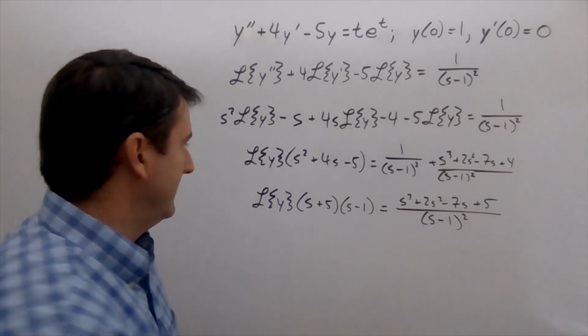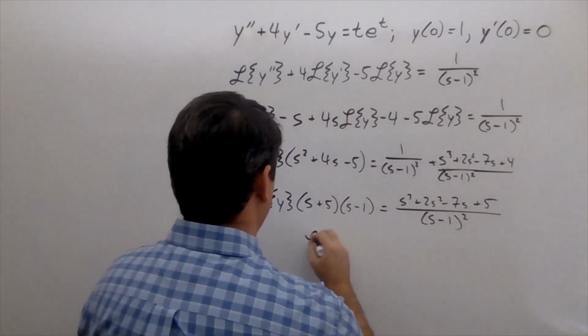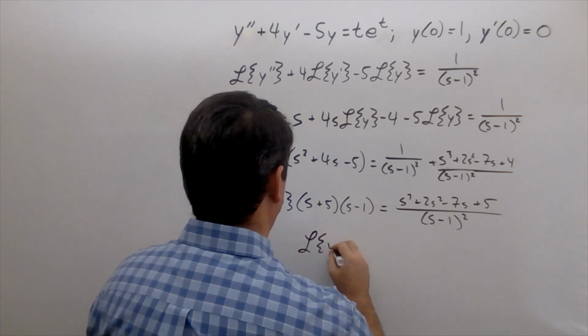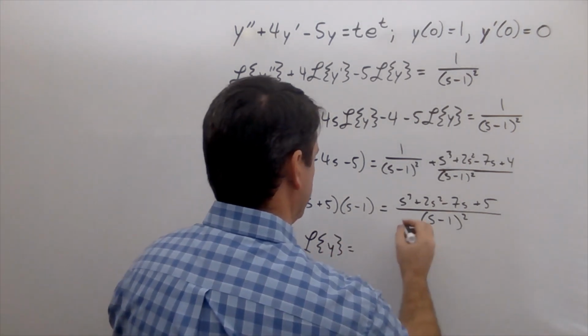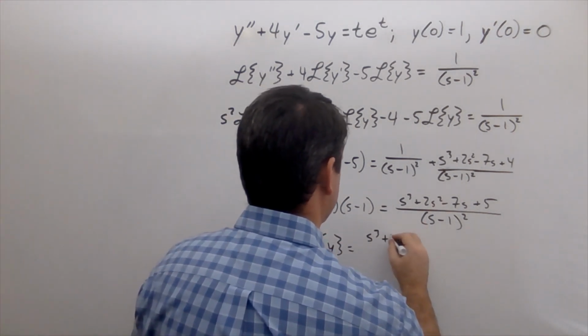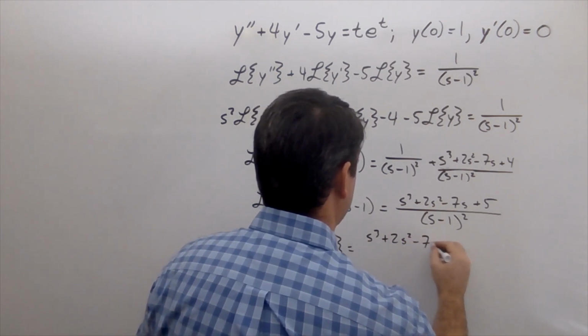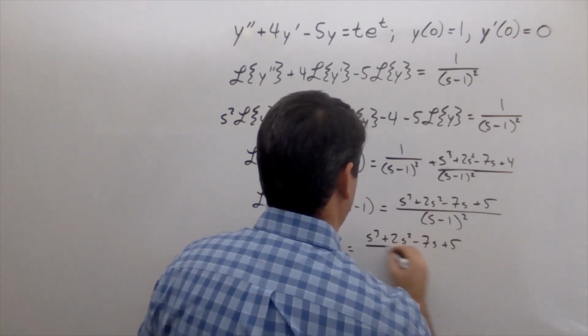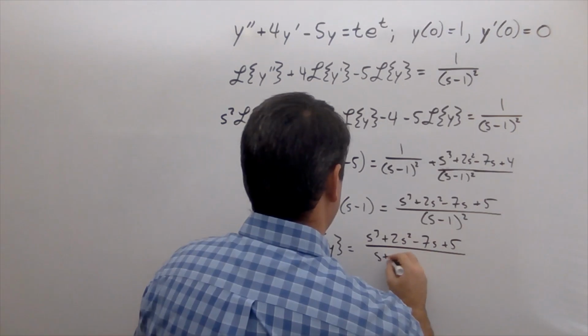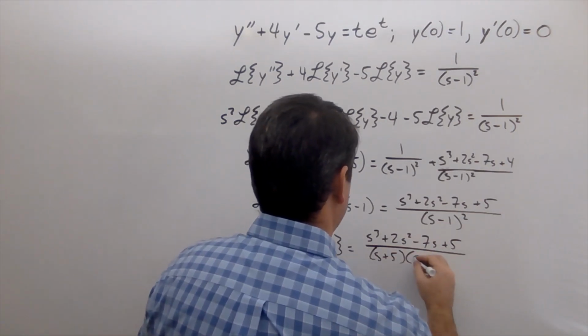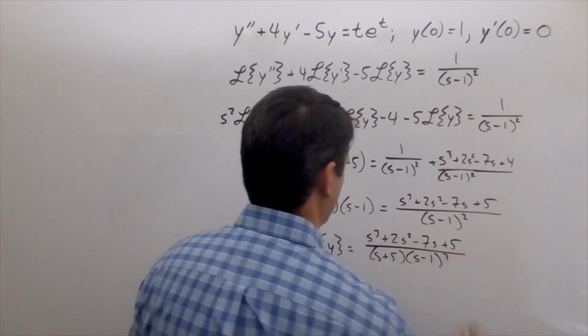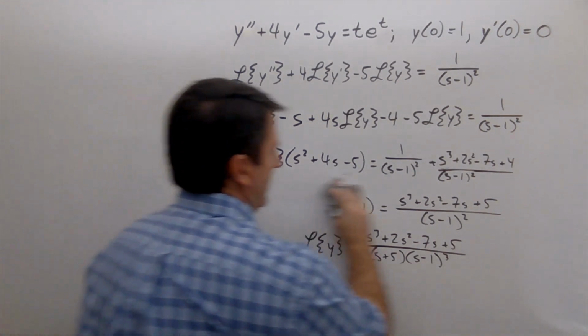And then divide by this, we get the Laplace transform of y is equal to (s cubed plus 2s squared minus 7s plus 5) over (s plus 5)(s minus 1) cubed.